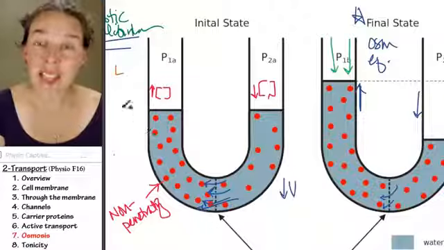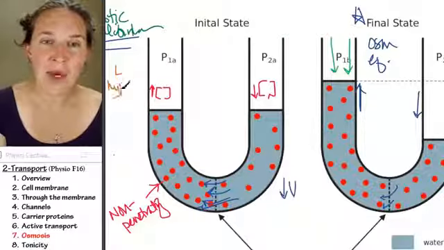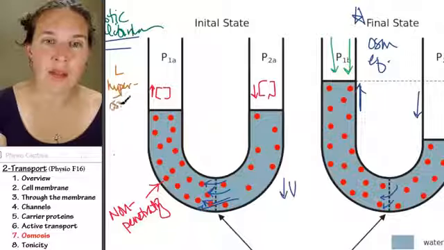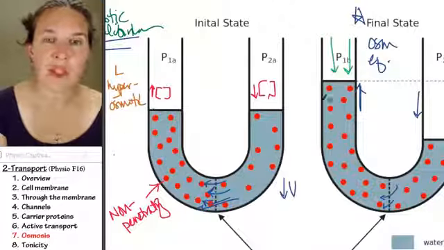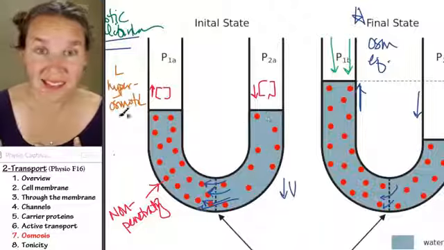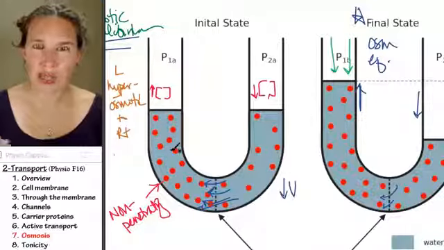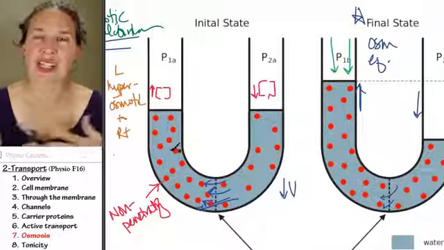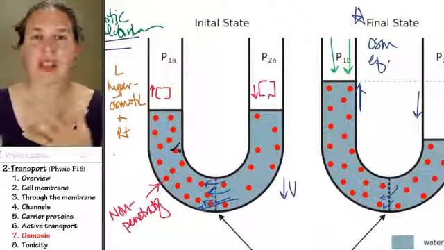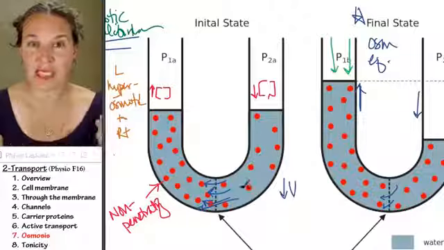The left side is hyperosmotic to the right side. Do you agree with that? Hyper, more. It has a higher concentration. It has a higher osmolarity when compared to the right side.